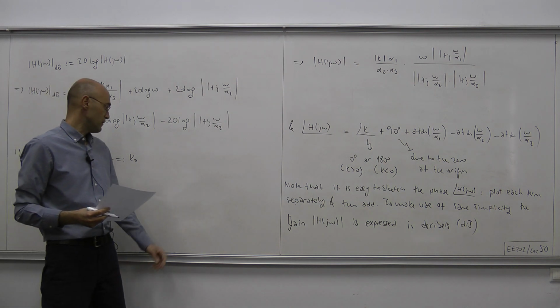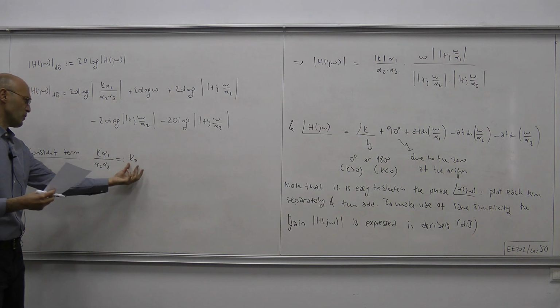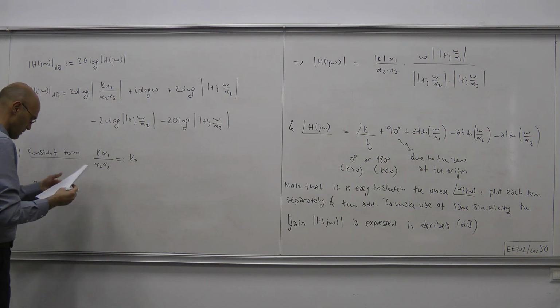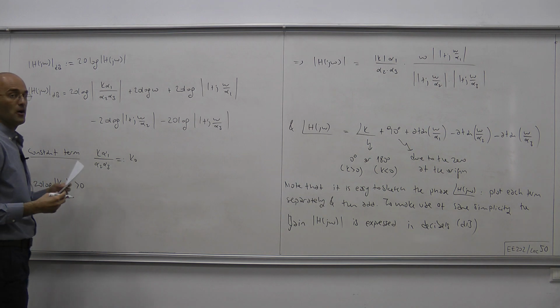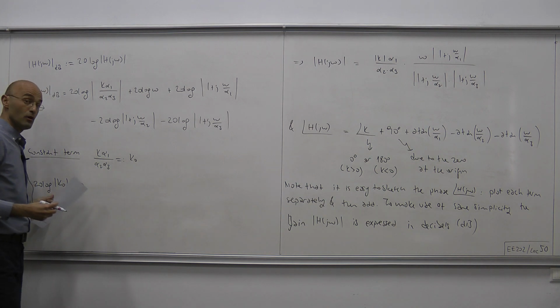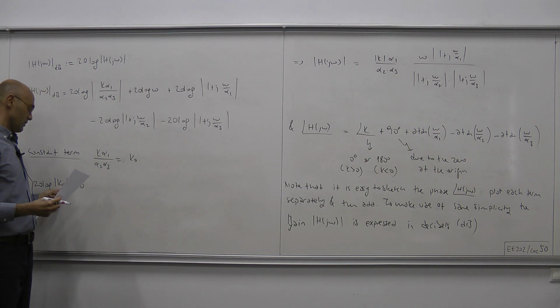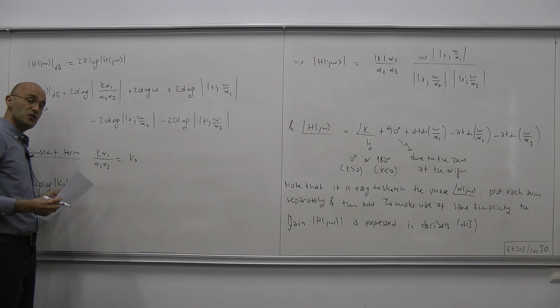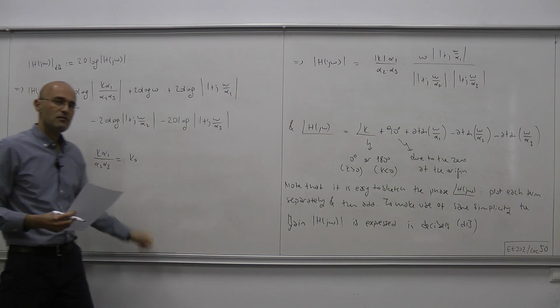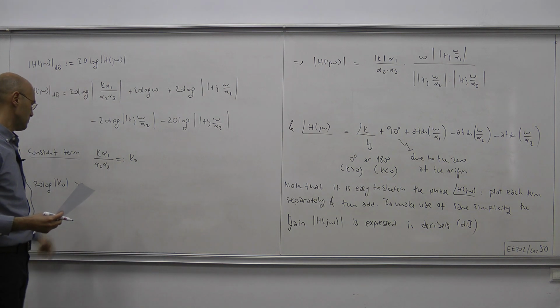in decibels is positive if, since we're taking the log, K0 is greater than 1, and it's negative if it's smaller than 1, between 0 and 1.